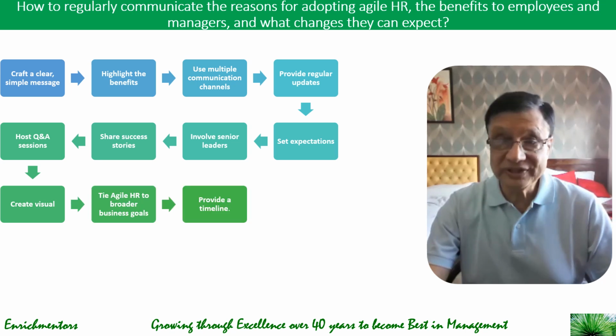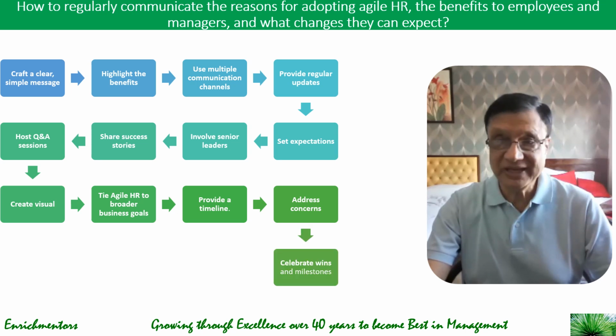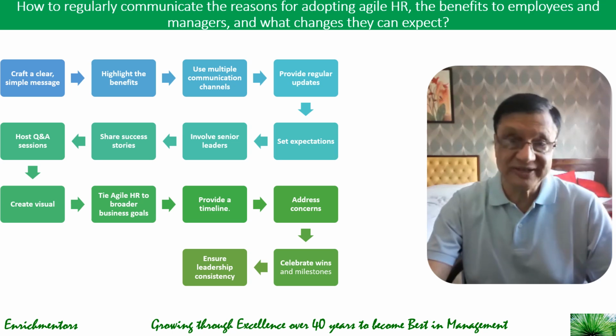Provide a timeline for Agile HR implementation phases, address concerns head on, and with empathy and clear responses. Celebrate wins and milestones to maintain excitement and support, and ensure leadership consistency by training managers on Agile HR.